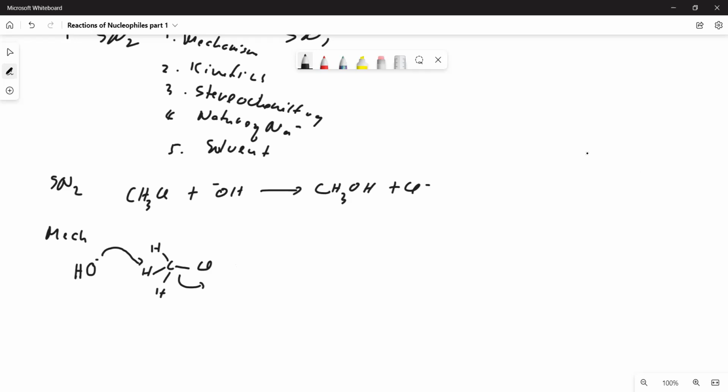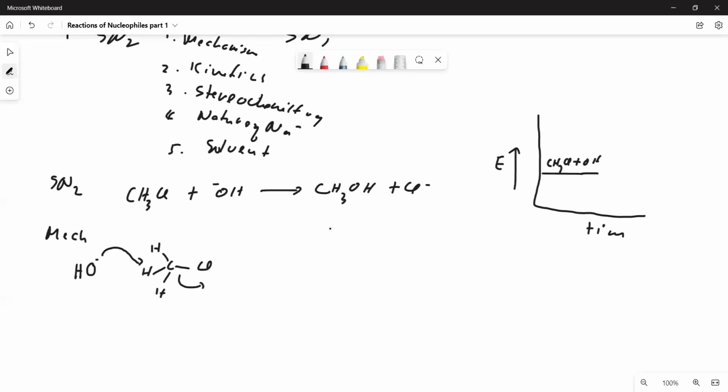If we monitor their energies through an energy diagram, say this is the starting reaction, this is the energy, this is the time of reaction, and you have the reactants methyl chloride plus hydroxide. When the nucleophile starts to attack, it cannot attack the front.